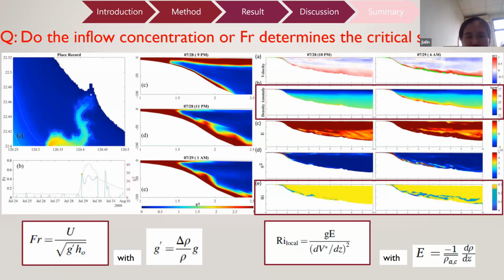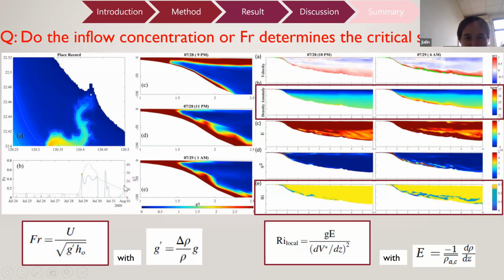In a reservoir, people always use the flow number criterion to define whether the density current will happen or not. The other criterion people always use is the sediment concentration. This goes back to the 1950s, with some classic literature using the sediment concentration.